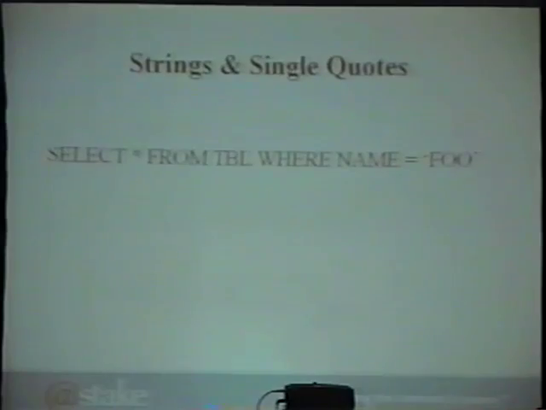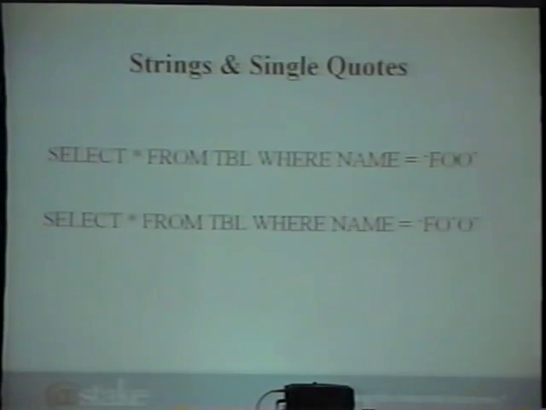That would populate a record set which the ASP application would then read through looking to see if it's actually been populated or not. Now, if we actually, as we've just done, entered a single quote, what we have now is select star from table where name equals single quote foo single quote, single quote. So that is not actually valid SQL, and that's going to churn out this error message that we've received, unclosed single quote.